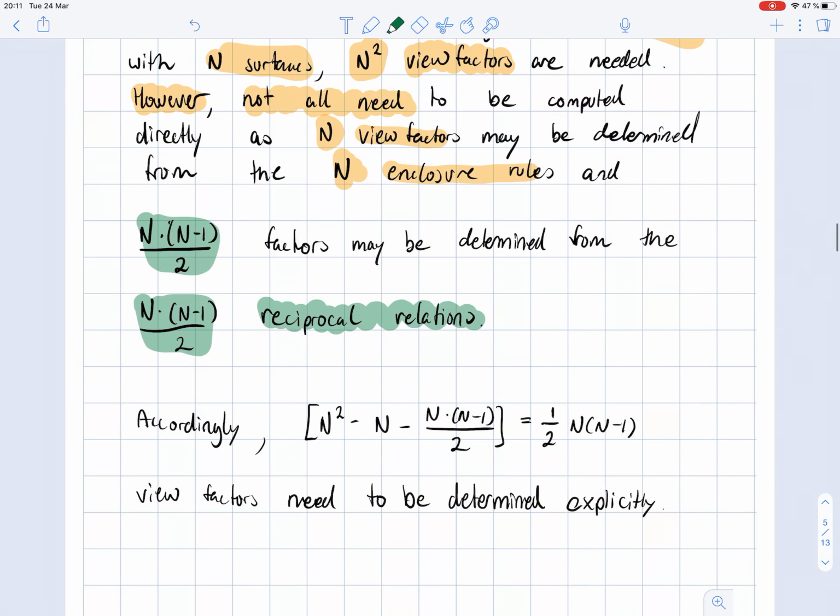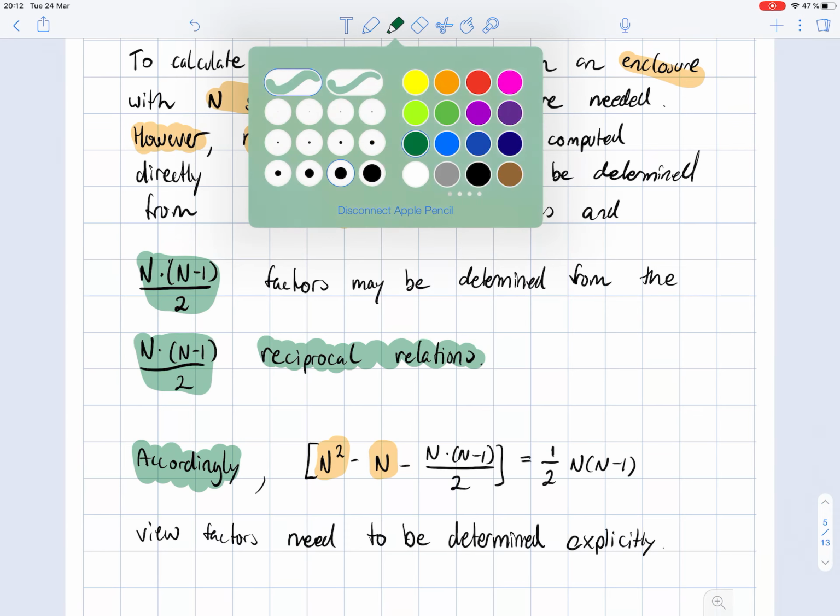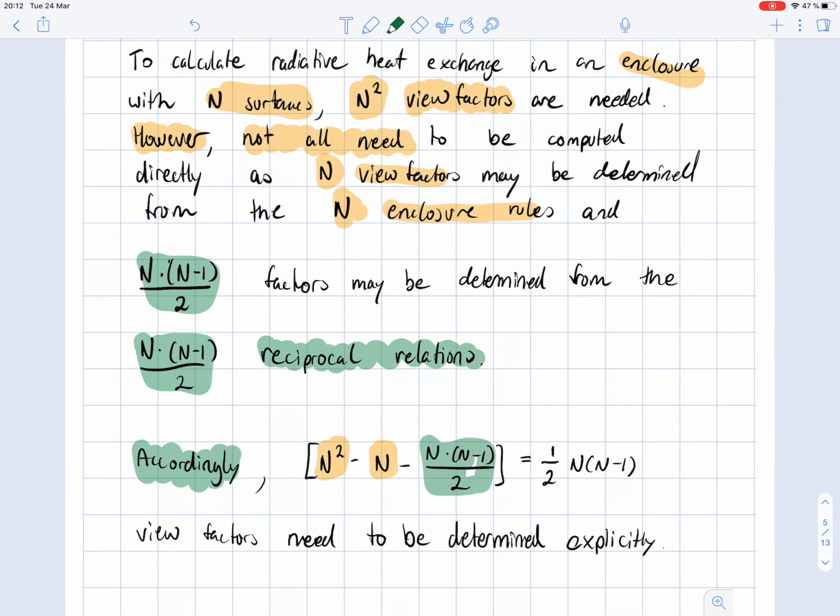So that means, accordingly, that you started with n to the power 2 view factors that you had to determine. Then you determined n of these from the enclosure rules, and you can also compute n times (n minus 1) divided by 2 from the reciprocal relations.